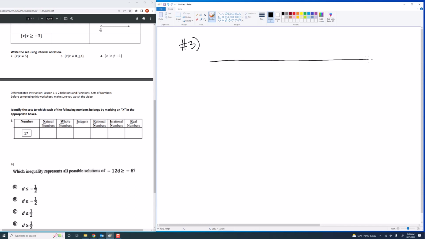So if we drew our number line, I said that x can't be -4, it can't be 0, and it can't be +4. So those are open circles. I'm going to clean that up. There we go. So they're all open circles.